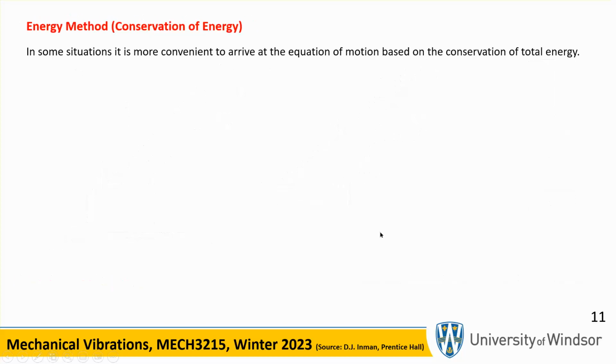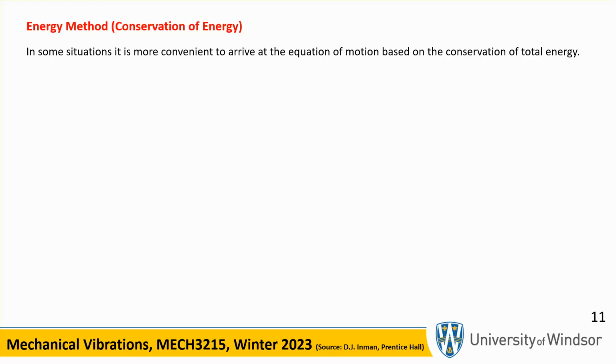Okay. All right, so now we go to the new topic, which is the energy method and dealing with effectively conservation of energy. Now, first of all, you have to realize that the system that you're dealing with must have the energy in it be constant if you want to go that route.